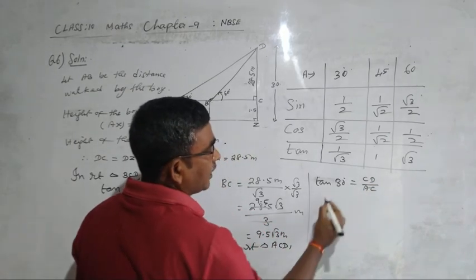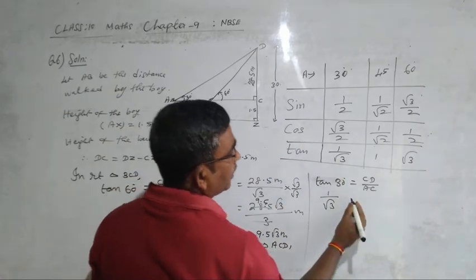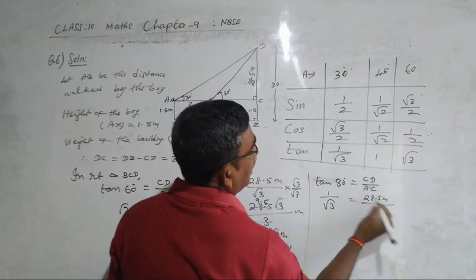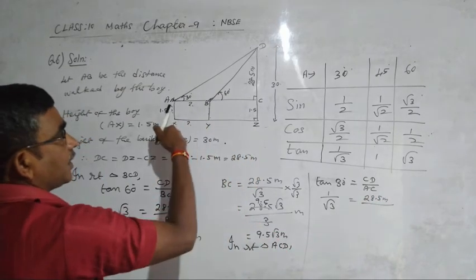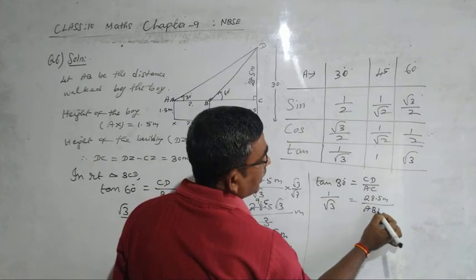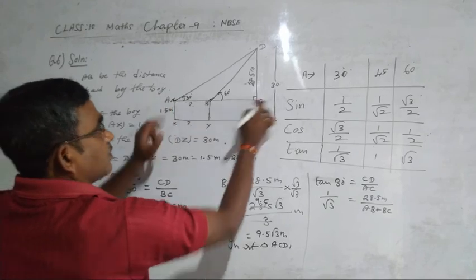For tan 30 we know the value is 1 by root 3. Tan 30 is 1 by root 3, CD is 28.5 meter, and AC we can write as AB plus BC.